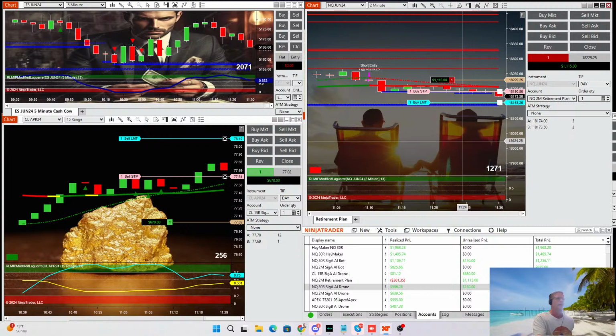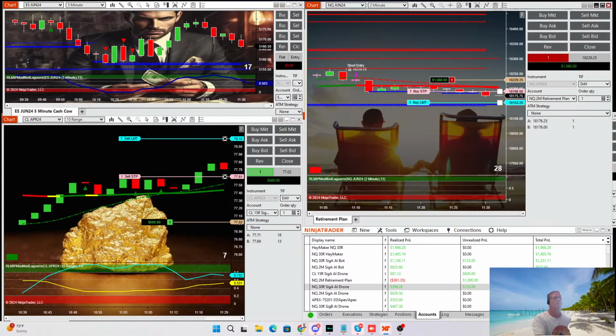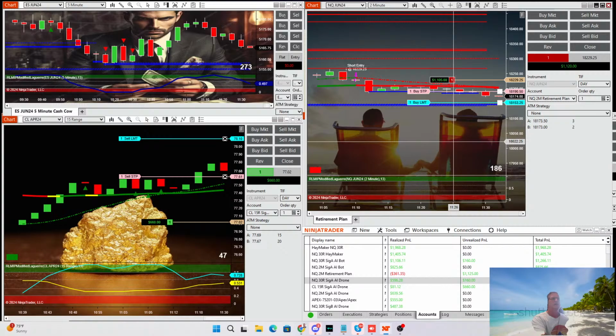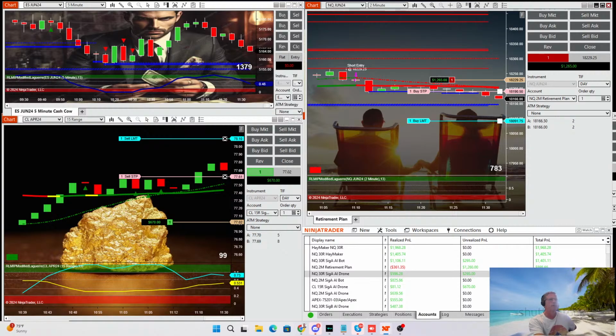Now, if it comes down and gets through this area here, it's trying. NASDAQ is pushing down lower. Low volume. Volume isn't great. Well, let's see here. Let's give it some room here to the downside. It's already reached our defined profit target.